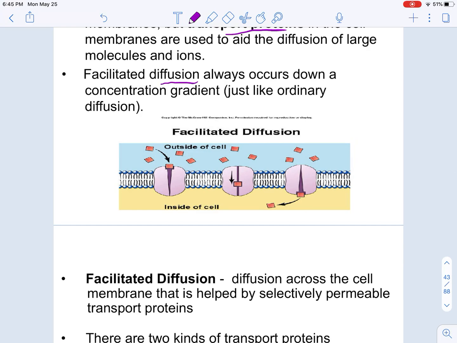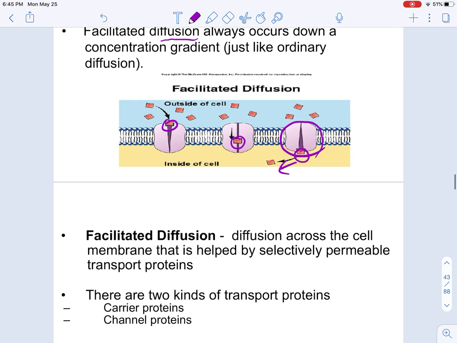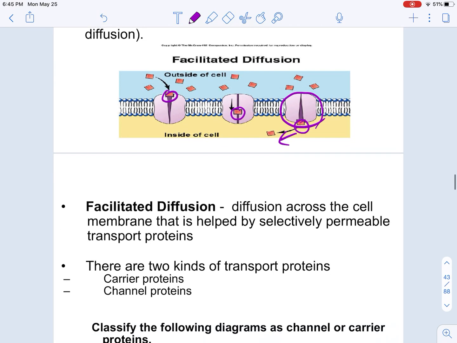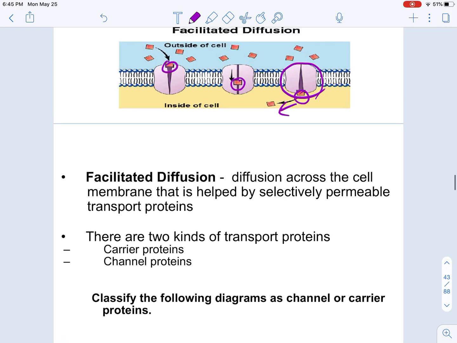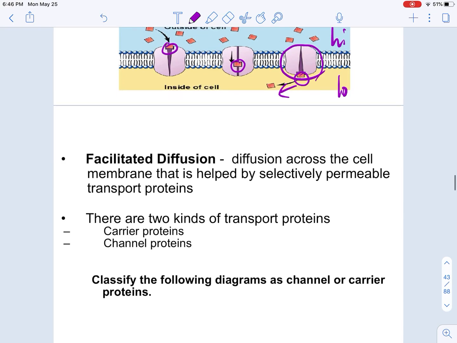It's still diffusion, so it's always still a material going from high concentration to low, but there's just this protein, like this carrier protein, that takes that substance and moves it into the cell more easily. If it's got the carrier protein, it'll go way faster than if you just wait for the diffusion to happen naturally. So it's still going from high to low concentration.